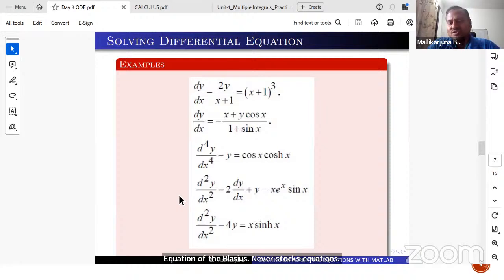Definitely no existence solution for that. Yes, this is the Blasius equation according to fluid mechanics concept. That is the reason there is no solution for that.